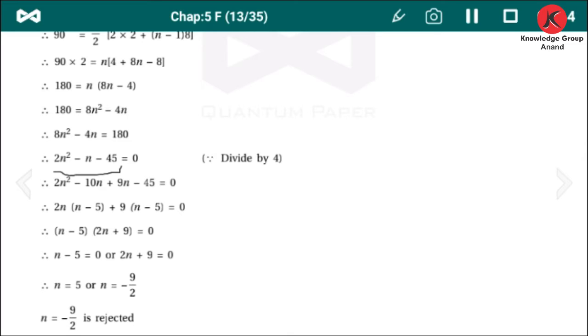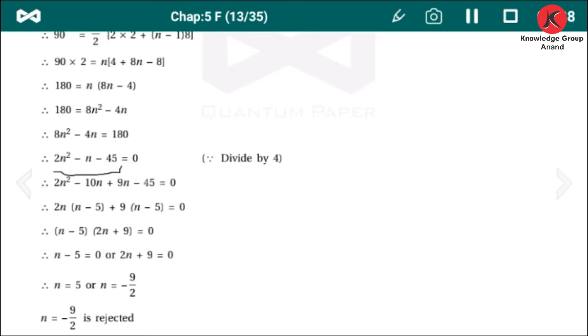The factors are n minus 5 and 2n plus 9 is equal to 0. So n minus 5 is equal to 0 or 2n plus 9 is equal to 0. Therefore, n is equal to 5 or n is equal to minus 9 by 2.